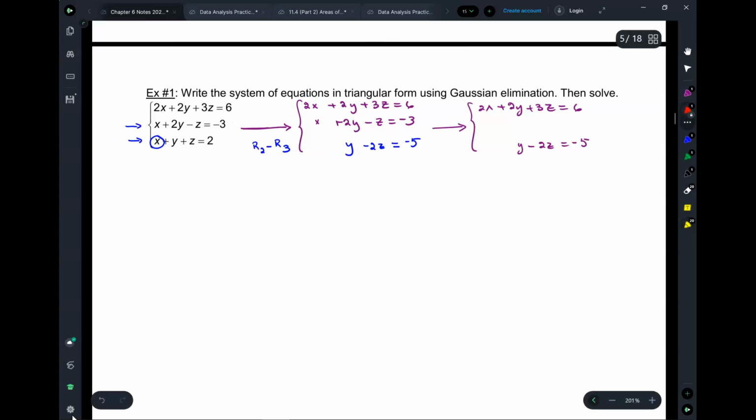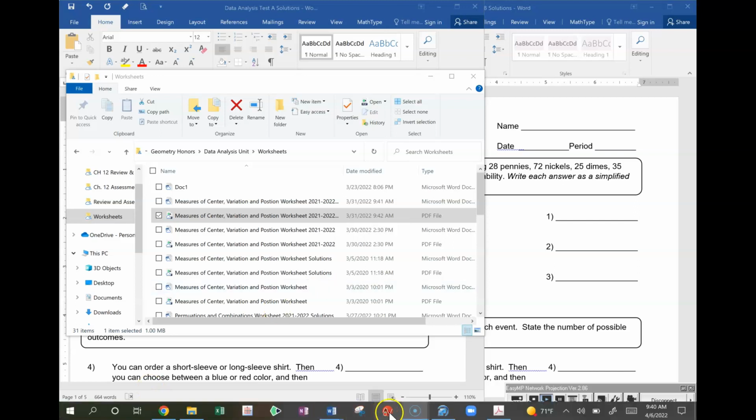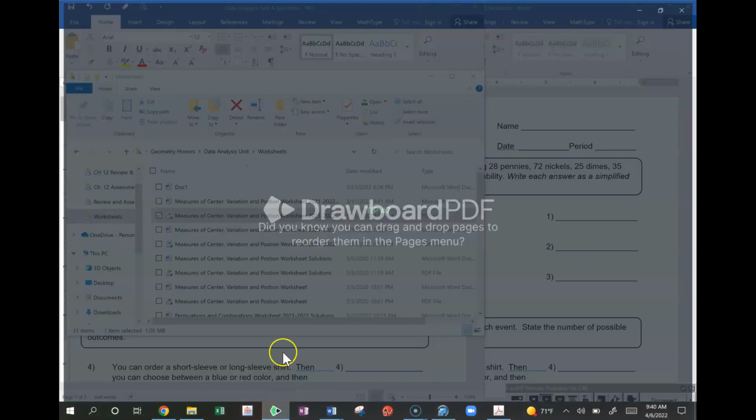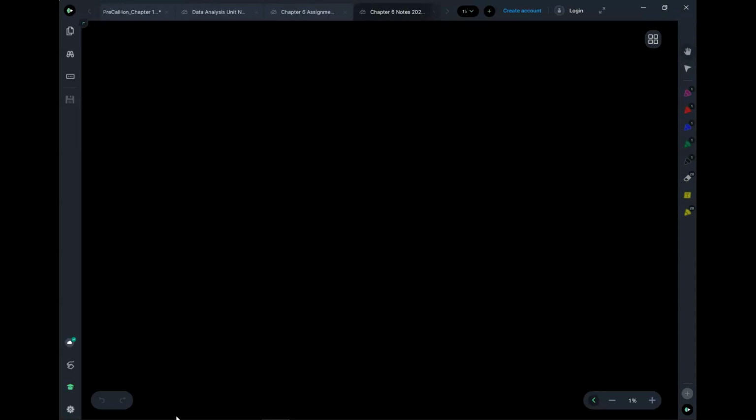Yes, so I'm going to multiply this x by 2. You can also multiply by 2 and subtract. So that's what we're going to do. It's the same either way, same operation.